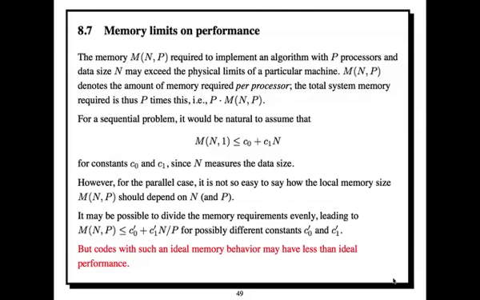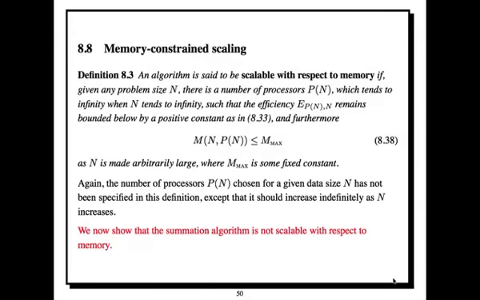Another important concept is to talk about scalability with respect to memory. You might have something that scales up, but at a certain point, it doesn't fit in your particular processor. So if in the scalability process, the size goes without bound, then you would say it's not scalable with respect to memory. That leads to the notion of memory constrained scaling.